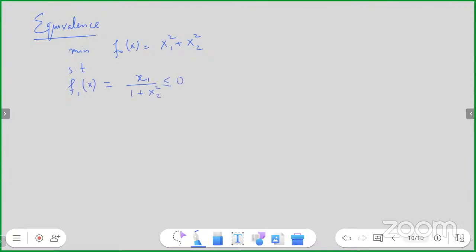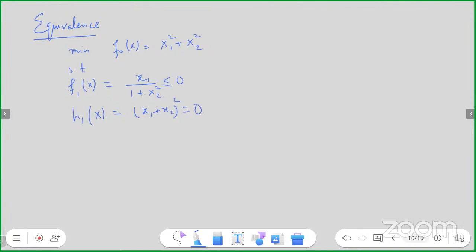Okay, so let's try, again, another example of equivalence. Minimize f0 of x, which is x1 square plus x2 square, such that f1 of x is x1 divided by 1 plus x2 square less than or equal to 0, and h1 of x is x1 plus x2 whole square equal to 0.